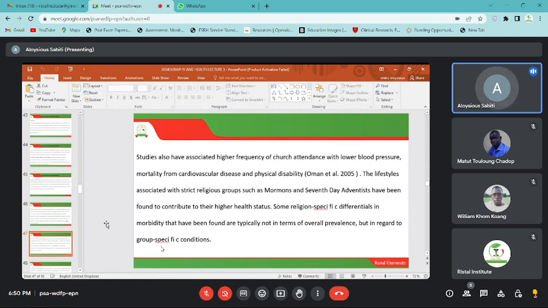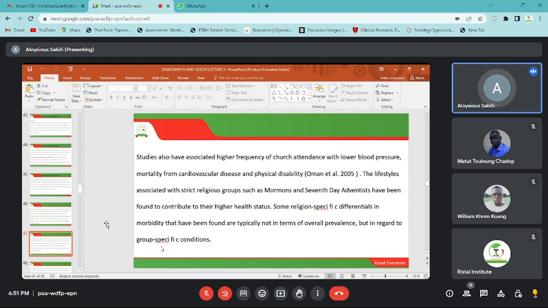Studies have also associated higher frequency of church attendance with lower blood pressure, lower mortality from cardiovascular diseases, and less physical disability. The lifestyles associated with strict religious groups, such as the Mormons and Seventh day Adventists, have been found to contribute to their higher health status. Some religions have strict lifestyles.